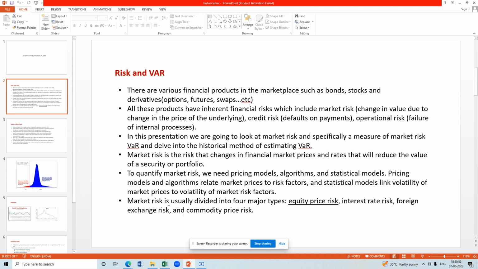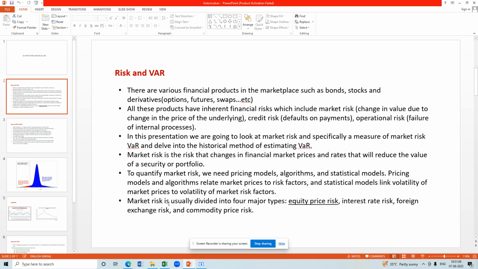Now, what is market risk? It's basically the change in the value of a portfolio due to the change in the value of the underlying assets which comprise the portfolio. So, how do you determine market risk?